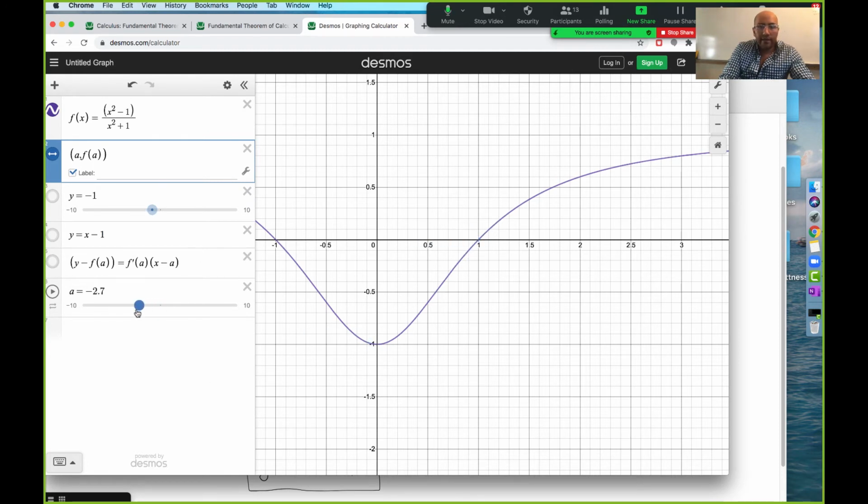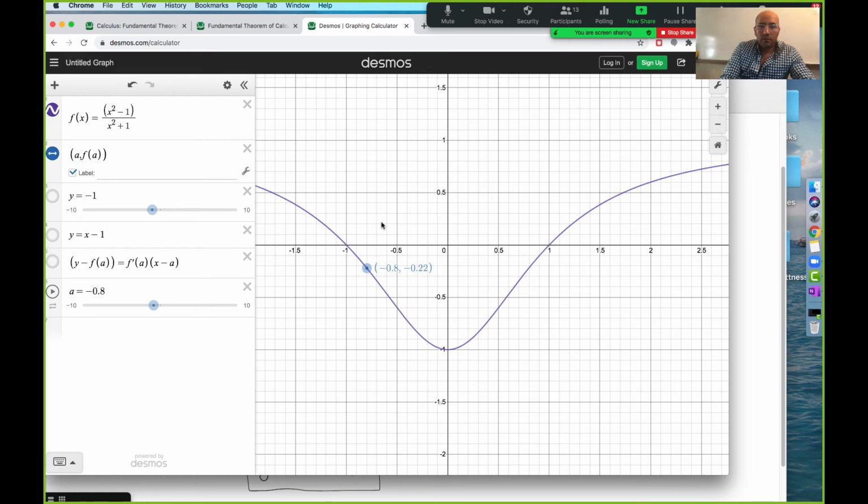Whoa, that got crazy pretty quickly. It looks like I don't need to go that far. Let's make this from negative 1.5 to positive 2, in 0.01 steps.